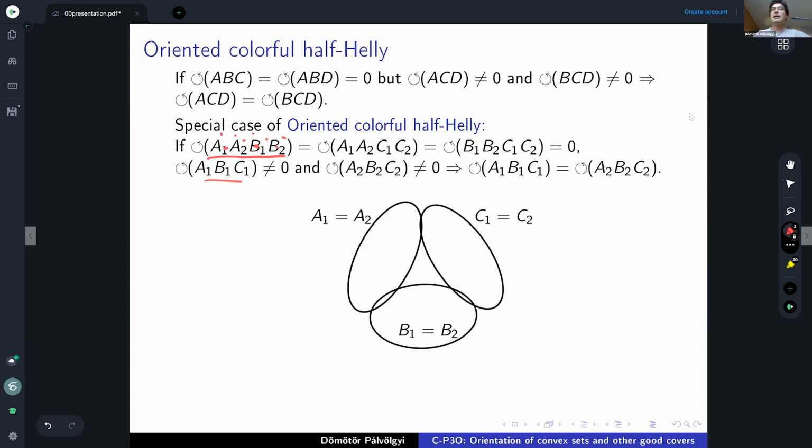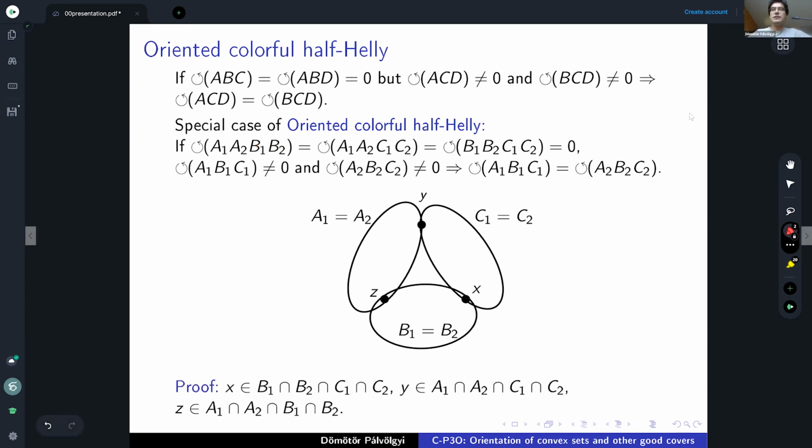Then, if these are not intersecting, you get that the orientations need to be the same. Like here, if A1 is the same as A2, this is a very cheap example, then all these orientations are the same. The proof is really short. You just take some X, Y, Z points from the intersections, and then you apply our favorite lemma to get that these are indeed the same.